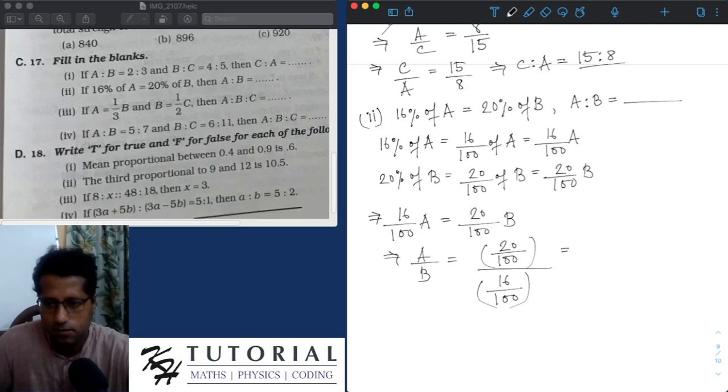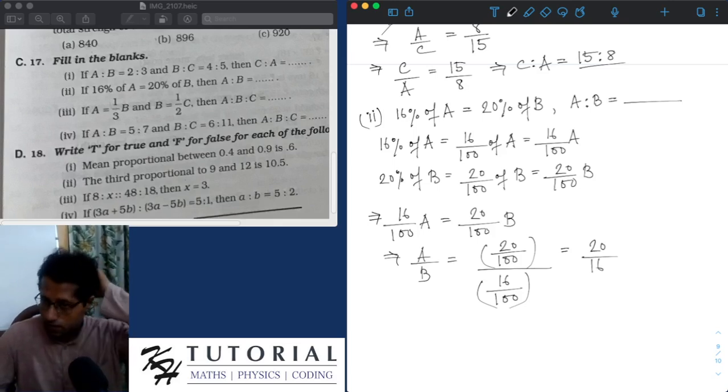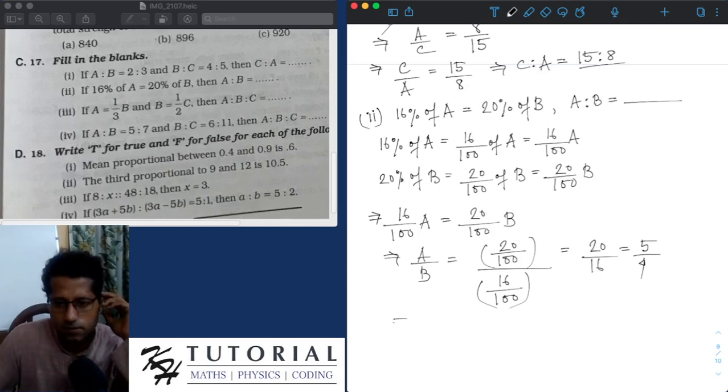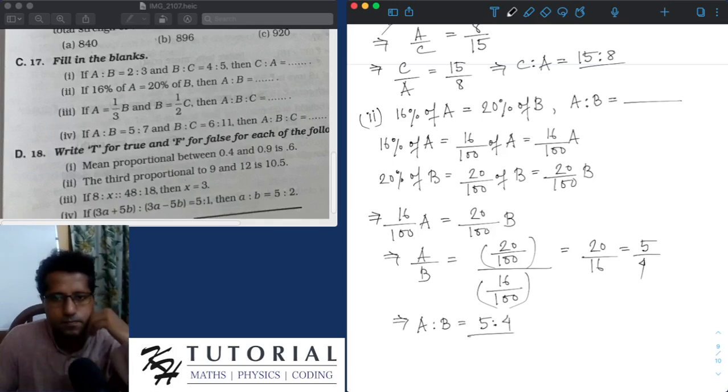This is nothing but 20 by 16, and if you simplify the fraction further, you get 5 by 4. So A by B equals 5 by 4. This implies A is to B equals 5 is to 4. So A is to B will be 5 is to 4.